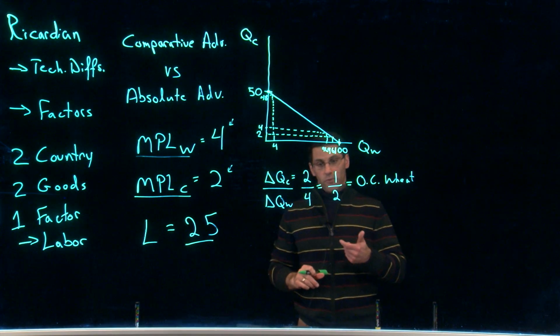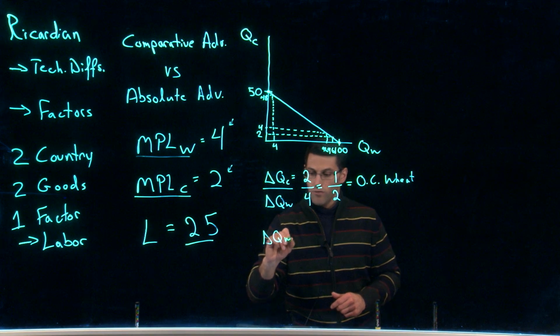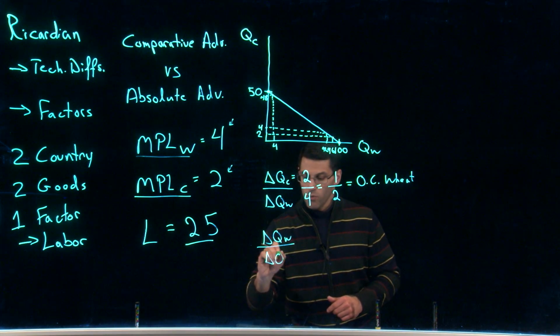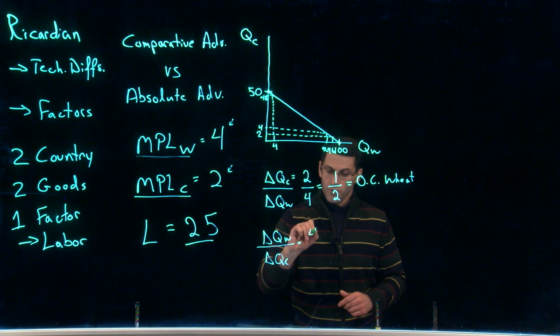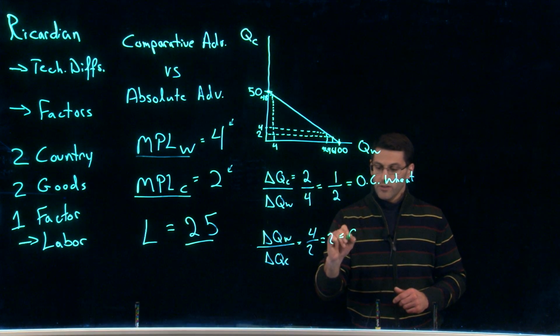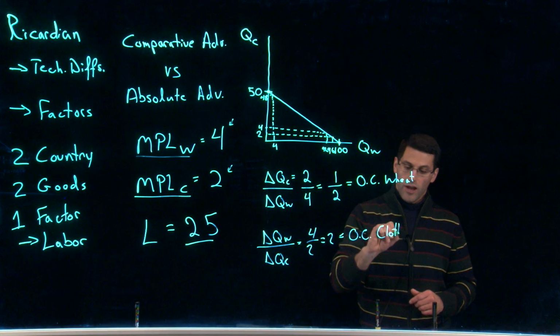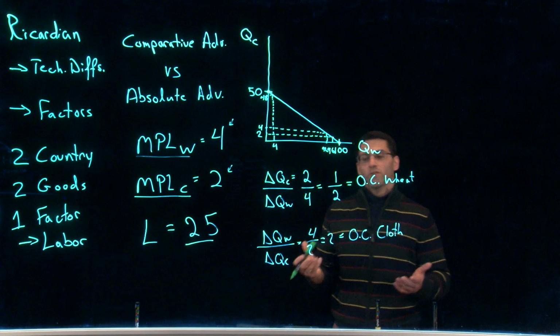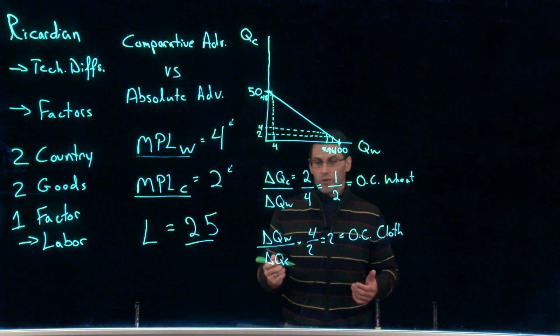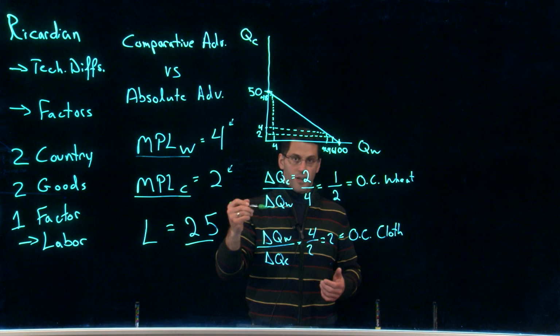And if you flip that around, the change in the quantity of wheat over the change in the quantity of cloth, which is 4 over 2, or just 2, that is the opportunity cost of producing cloth. Right? We always state the opportunity cost as what you are giving up divided by what you're getting.